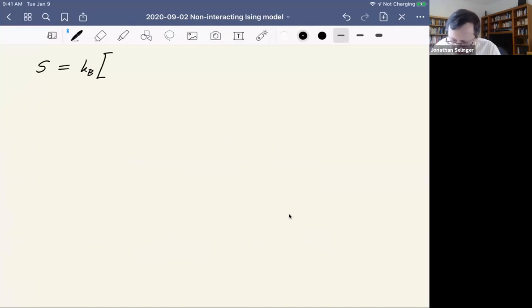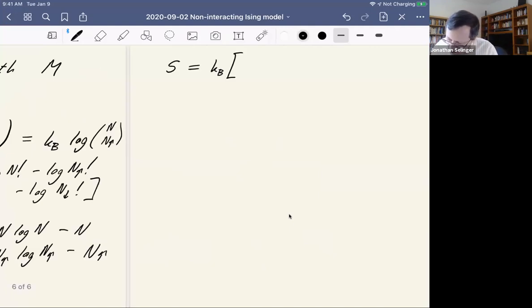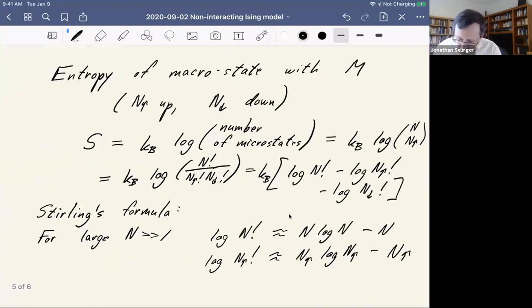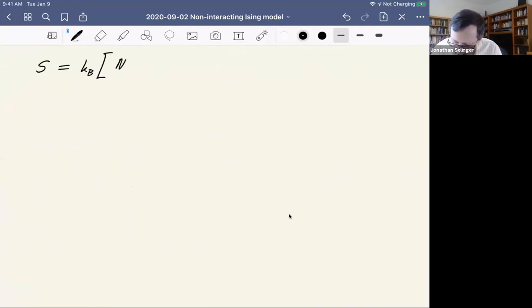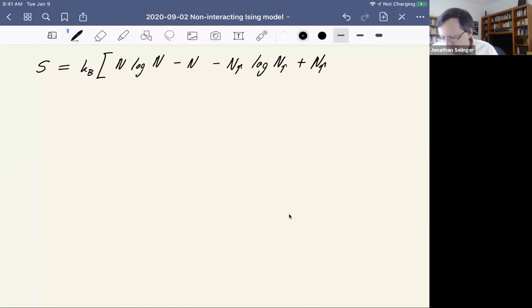times, well, first I had the log of n factorial, okay? So that's n log n minus n. And then I have to subtract off the log of n up factorial, so that's subtracting off n up log n up plus n up.